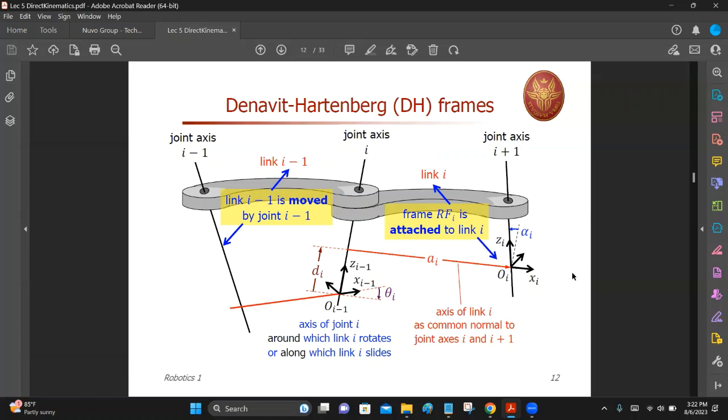This is exactly what we were looking for: some mathematical foundation to relate one link to the adjacent link. When I say one link, I'm referring to the coordinate frame of the link. In this particular convention, the coordinate frame of the link is attached at the end of the link. So frame i minus 1 to frame i. This is all you need to know.